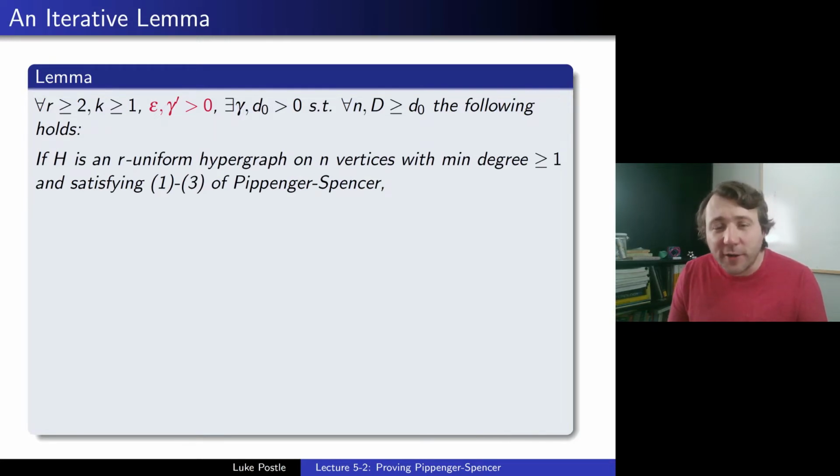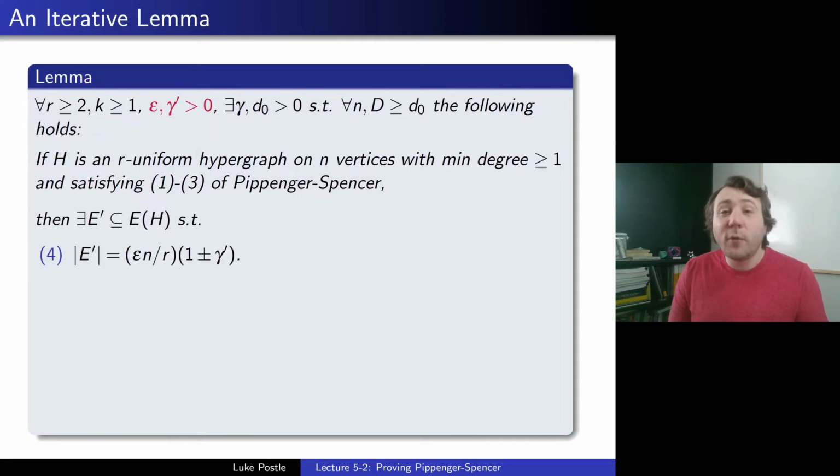If H is an r-uniform hypergraph on n vertices with minimum degree at least 1, and you need the minimum degree at least 1 because you need every vertex to be in an edge to try to get it covered, and satisfying conditions 1 to 3 of Pippenger-Spencer, then there exists an E prime, a subset of the edges, so this will be our selected set, which satisfies these properties.